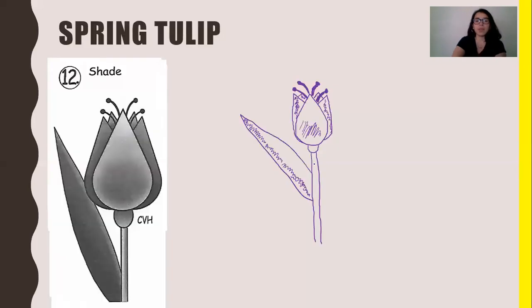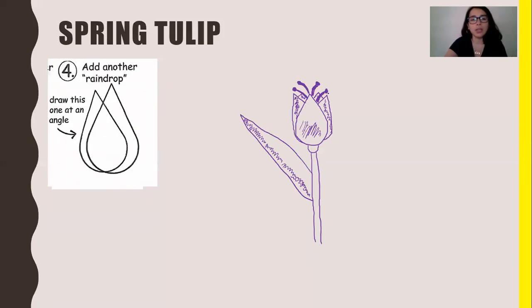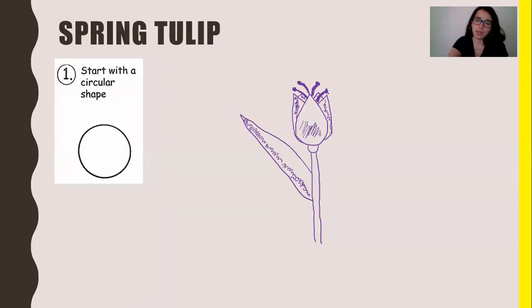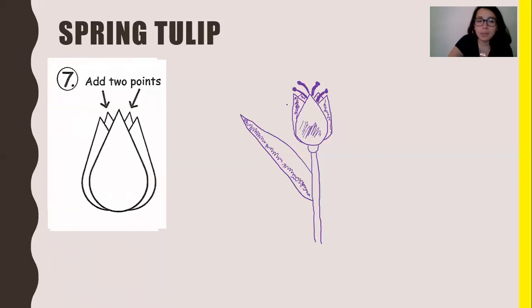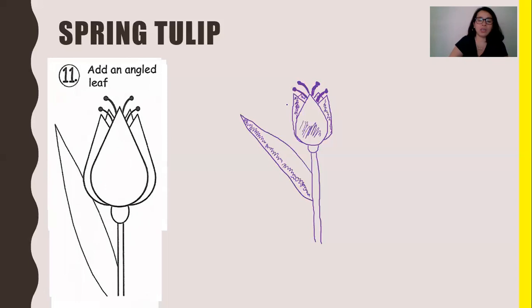Okay. And now this is where we go back to what the instructions were. The instructions were to draw at least 3 of these flowers and then to add something to make your art unique. So I'm gonna go ahead and redo mine, and not because I'm not happy with this one, but mainly because with this tool, it can be a bit challenging.